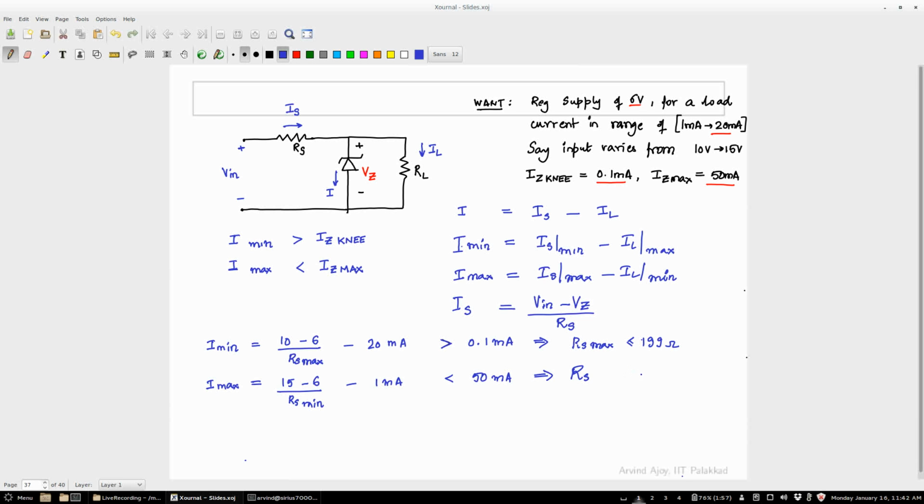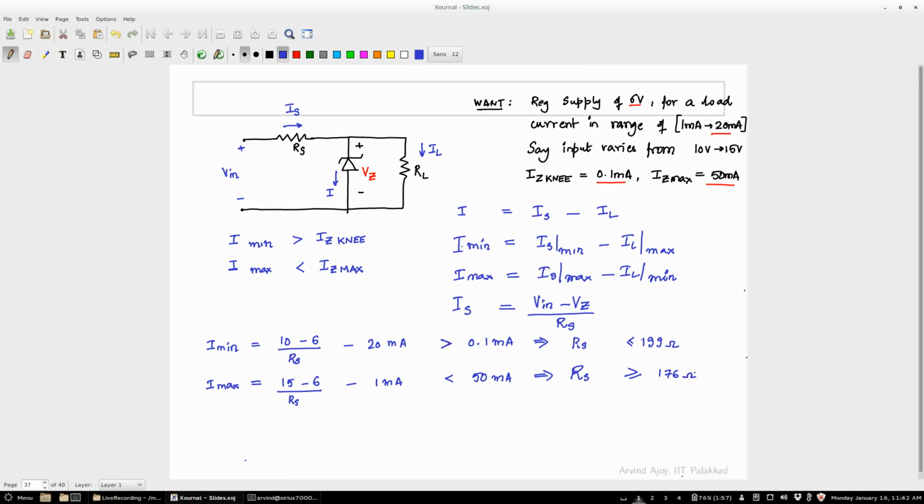Okay, so let me just put this as RS min. Minus, what's your IL max? Sorry, what's your IL min? 1 milliamp. That must be maximum less than the 50 milliamps. Correct? So when you calculate, RS min must be greater than or equal to. Good?